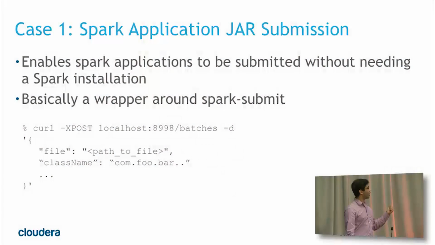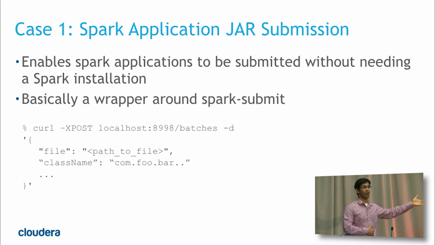So the first API use case is just simple jar submission over REST. This is just a wrapper for Spark Submit. So it's basic Spark Submit over REST. You provide a jar, and then you provide the same set of parameters that you provide to Spark Submit. So it's not terribly interesting, admittedly so.